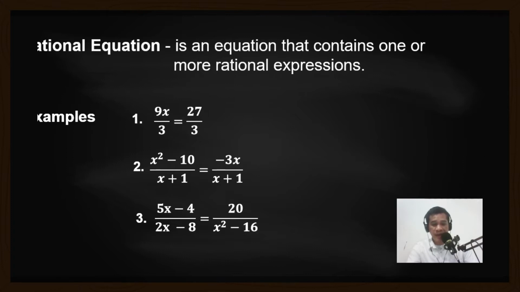So madali lang tandaan, if the given is a rational equation, pag merong rational expression, in the form of p of x over q of x, and then of course merong equal sign, then that is a rational equation.